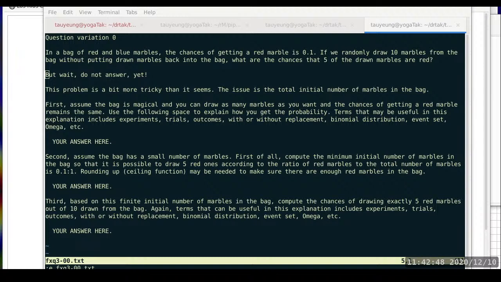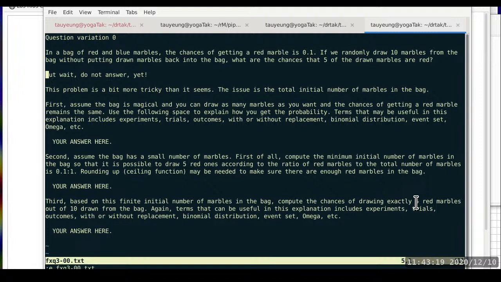Okay. In this case, the question is only asking, drawing exactly 5 red marbles out of 10. It didn't say anything about the interleaving between the red versus the blue marbles out of the 10. In other words, if you have red, red, blue, blue, red, red, red, and then the rest blue, it's good. We count that. If you have red, red, red, red, red, and then blue, blue, blue, blue, blue, we'll count it too.